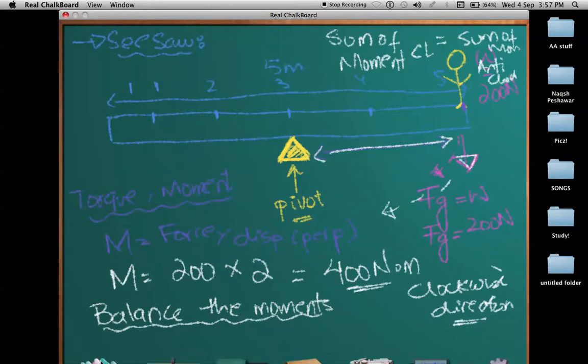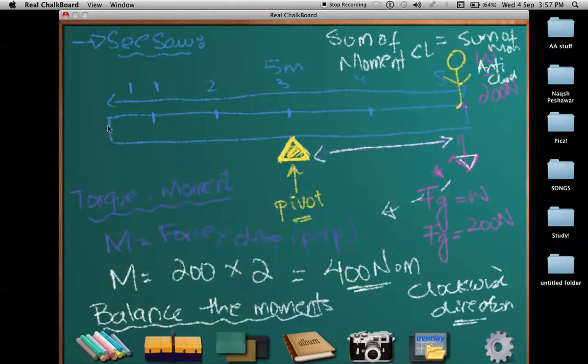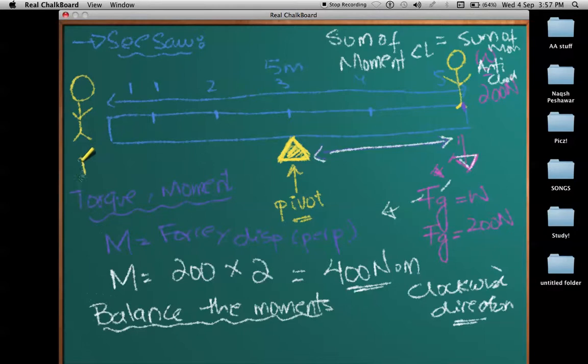Let's see, this is me, and let's say I weigh around 150 newtons. That would mean that I would be exerting a gravitational force of 150 newtons. So now the question is, where would I need to sit to produce a moment equal to 400 newton meters, but in the opposite direction?